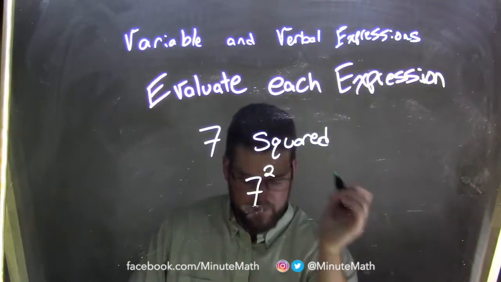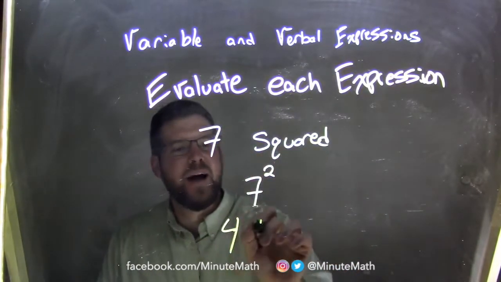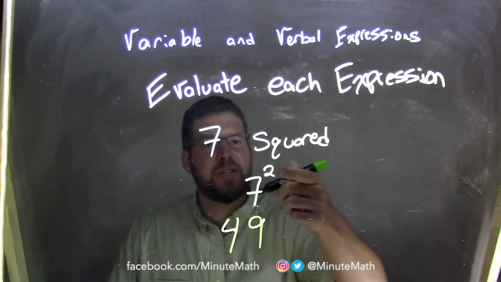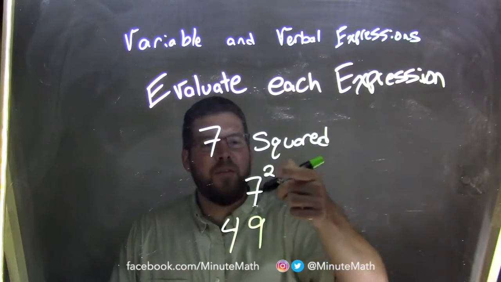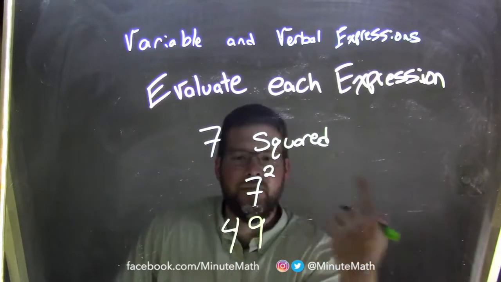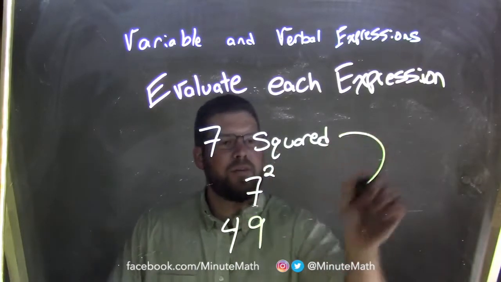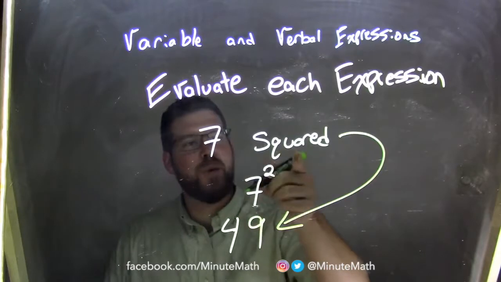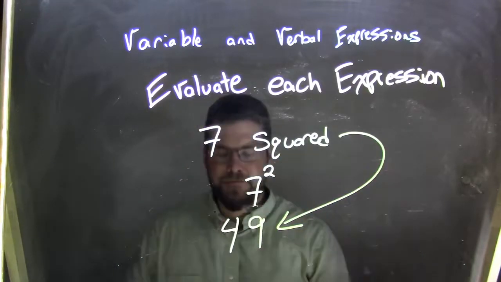Well, 7 times 7 is 49. That's how we can evaluate that, or write it as a variable expression. We evaluate it, we get 49. So we're evaluating that verbal expression. We got 49 because 7 squared is 49.